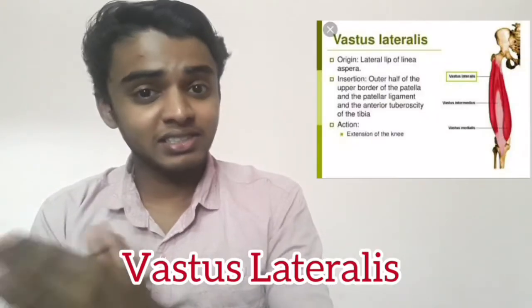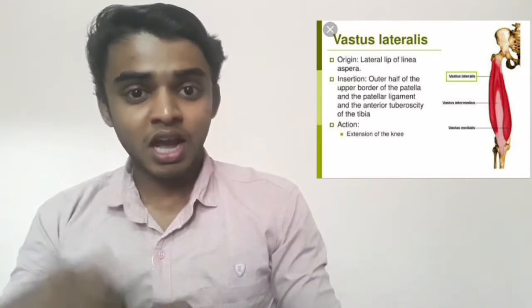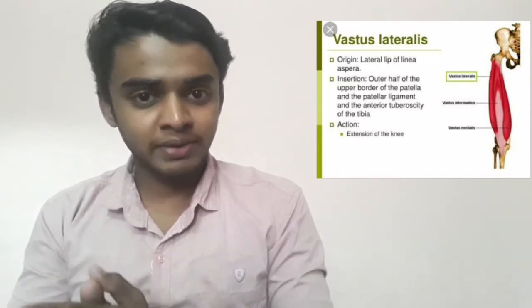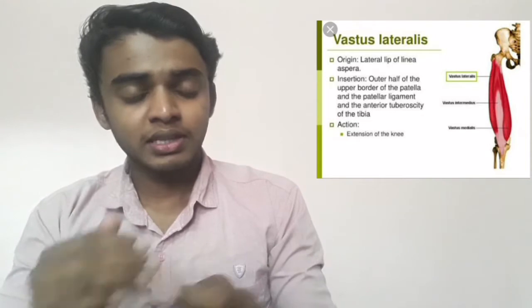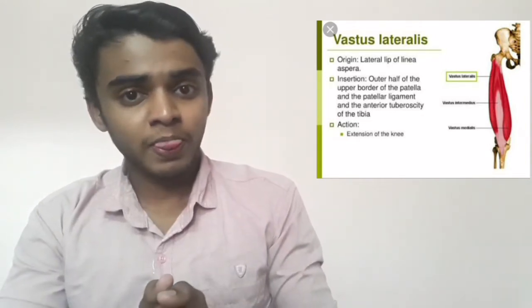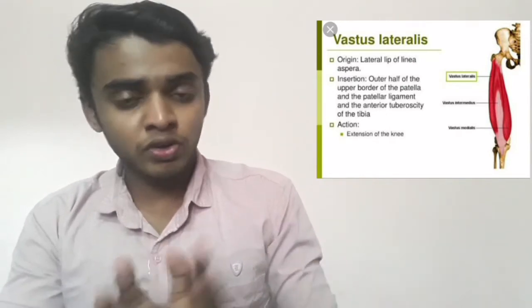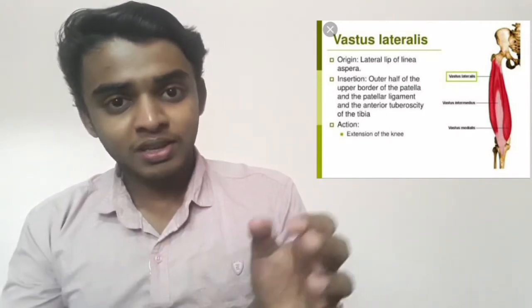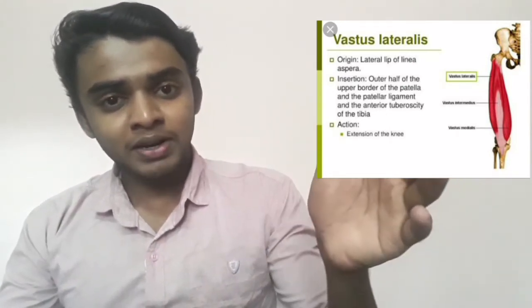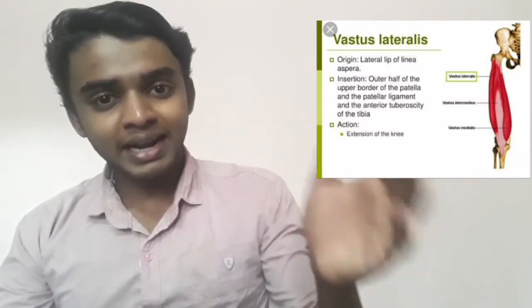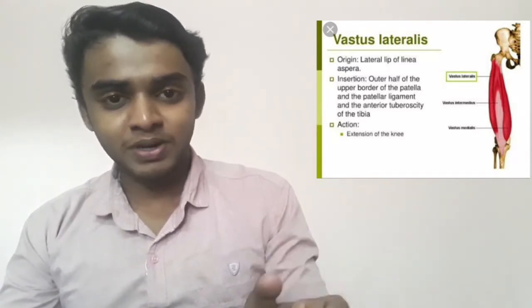Then the next muscle will be the vastus lateralis. The vastus lateralis takes its origin from the upper part of the intertrochanteric line and the anterior and inferior part of the greater trochanter, and also the lateral part of the gluteal tuberosity, and also the upper half of the lateral lip of linea aspera.